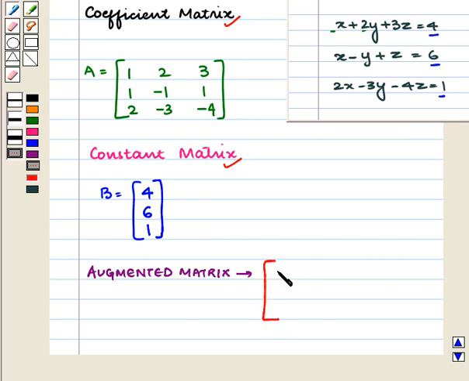The matrix contains elements 1, 2, 3 and 4 in the first row, 1, minus 1, 1 and 6 in the second row, 2, minus 3, minus 4 and 1 in the third row, which is a matrix of order 3 cross 4, and a vertical line is drawn to differentiate between the coefficient matrix and the constant matrix.